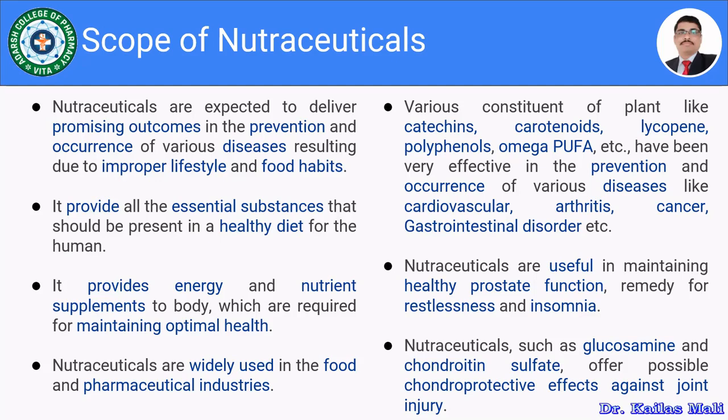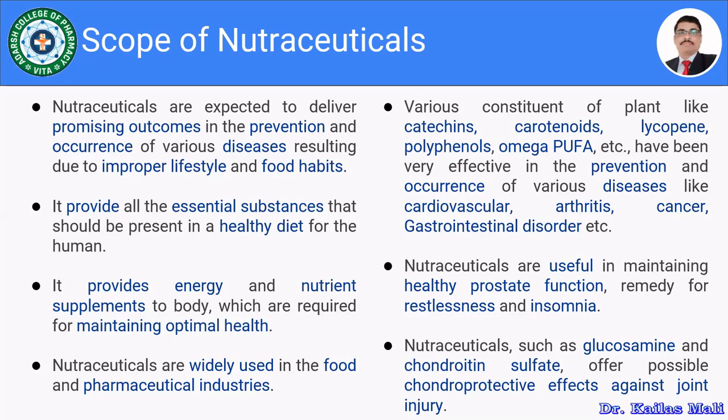Nutraceuticals are useful in maintaining healthy prostate function and as a remedy for restlessness as well as insomnia. So whatever nutraceutical products there are, they are being used to maintain healthy prostate function. Furthermore, they are being considered as a remedy for restlessness and insomnia.